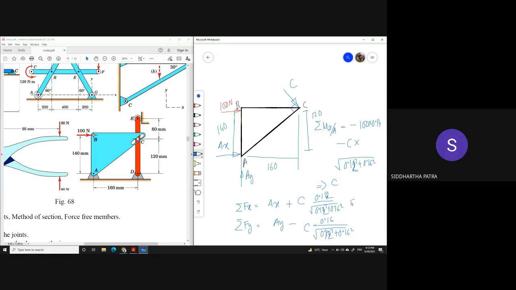So you can solve this set of equations to get the force. What I think is that the value of C should be negative. So you substitute that negative value for this positive C right here. How much did you get for C? Okay, 0.12 squared plus 0.16 squared, right? So that essentially is 0.2.